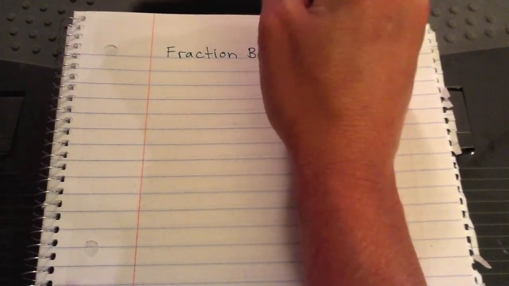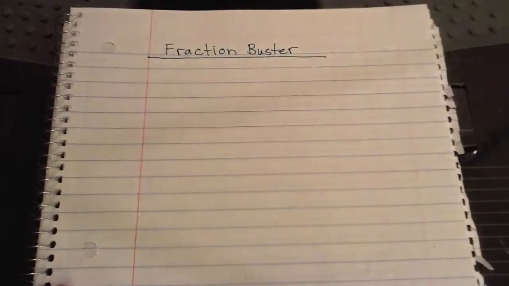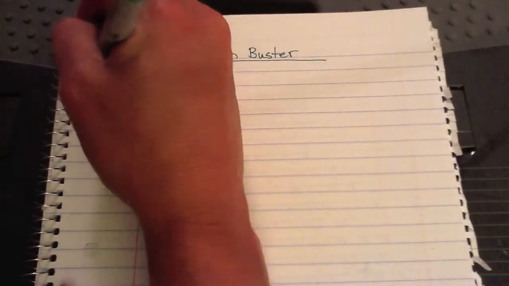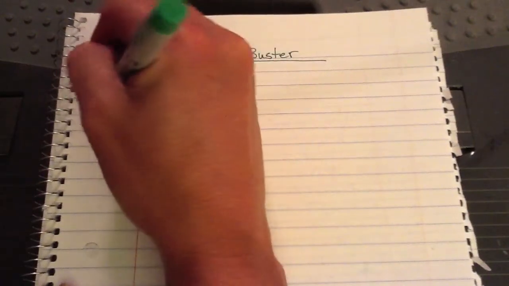Now we're going to look at fraction busters. Fraction busters you'll probably use even more than you'll use decimal busters. So start this on the other page or on the back of the page you used for decimal busters. And again, they can only be used for equations.